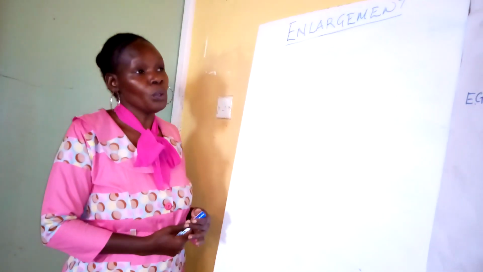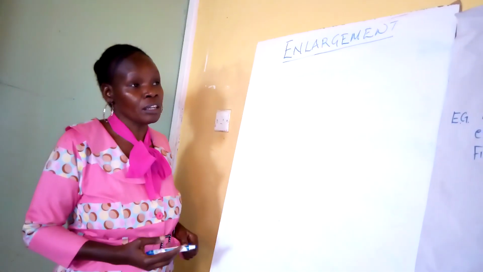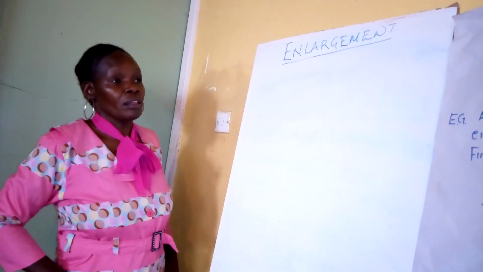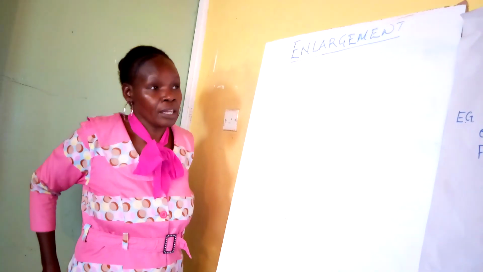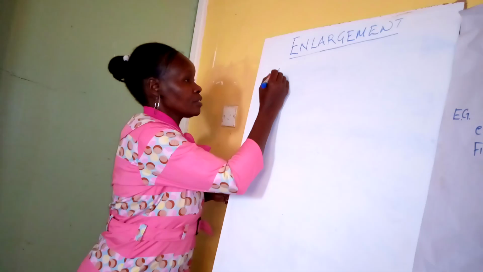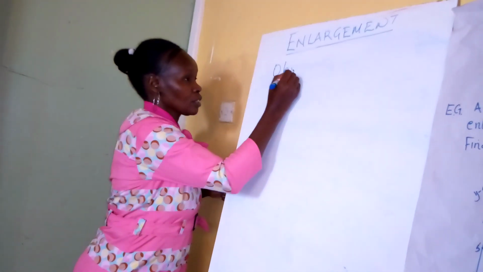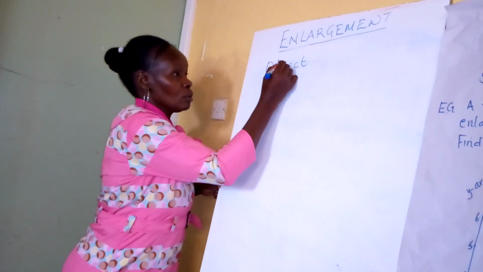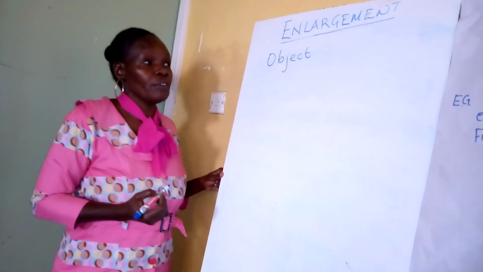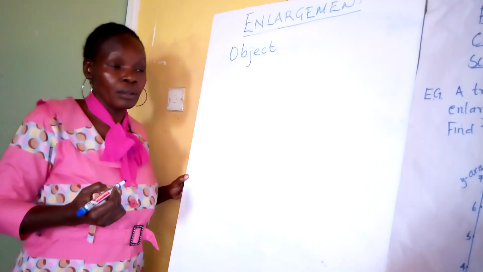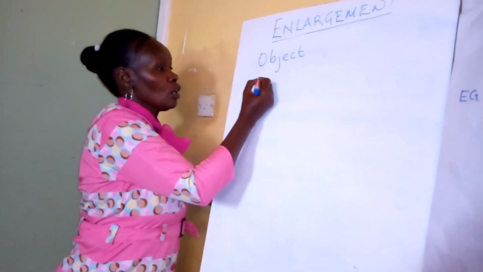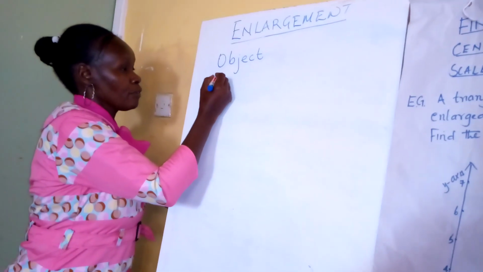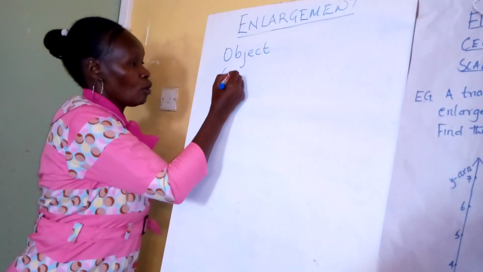We are going to see three important things that you are supposed to have when you are undertaking enlargement. First, you have the object, which may be given or it can be what you are required to look for. But once you have been given the object, you are required to have the center of enlargement.